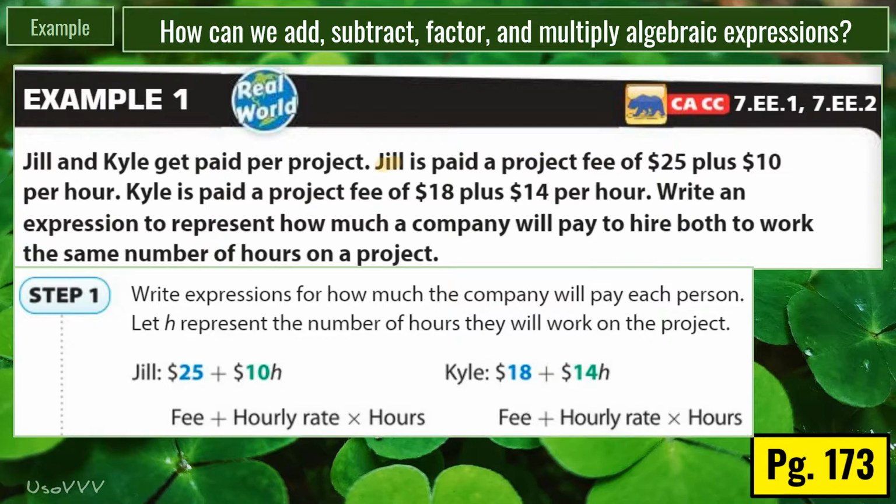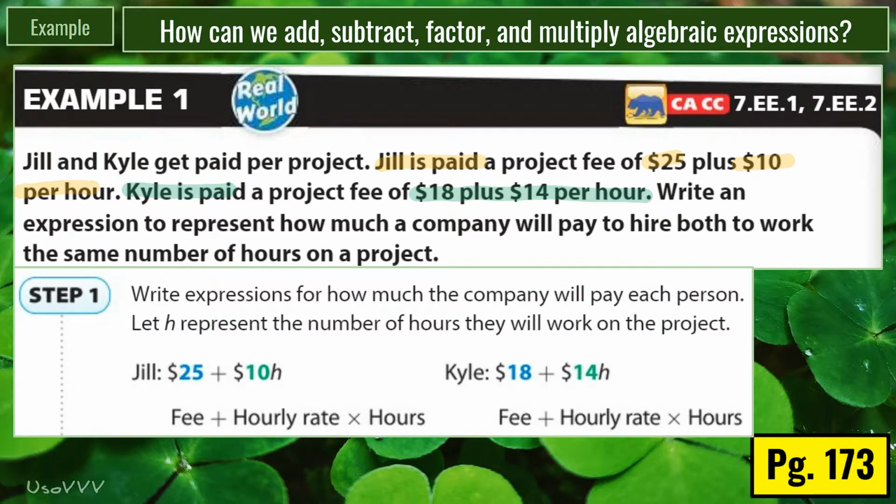I know Jill is paid $25 plus $10 per hour. And I know Kyle is paid $18 plus $14 per hour. So they're two different things, but they're getting hired to work the same job for the same number of hours together. So I'm going to start by making expressions for each person before I push them together into a team.